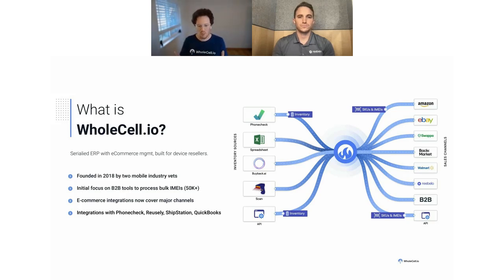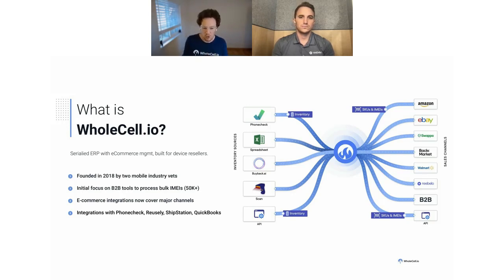So we cover all the major channels, and I'm going to get into what our integration with Reebelo does, which we do with these various channels to allow you to sell in a multi-channel format without worrying about overselling as you sell between these different channels and fulfill the orders that you have. The other thing you'll notice about Wholesale is we've got a ton of integrations, not only with these e-commerce channels, but with other software in the industry that is very relevant to you if you're selling used electronics.